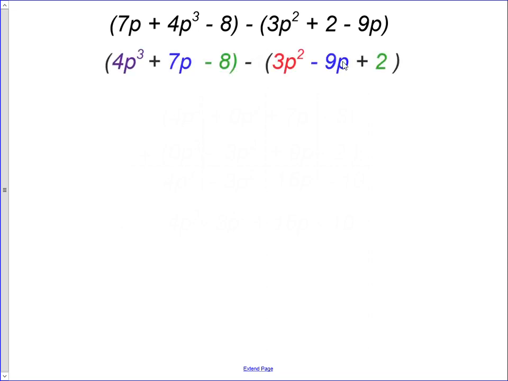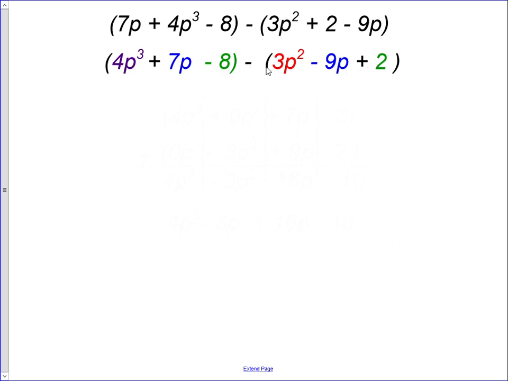What I'm going to do first of all is get them in standard form and try to identify some like terms. I've got a 4p to the third power here, but there's no p to the third power over here. We have a 3p to the second power, but no p to the second power over here. We have a 7p that I'll combine with this negative 9p, and we have a negative 8 and a positive 2.